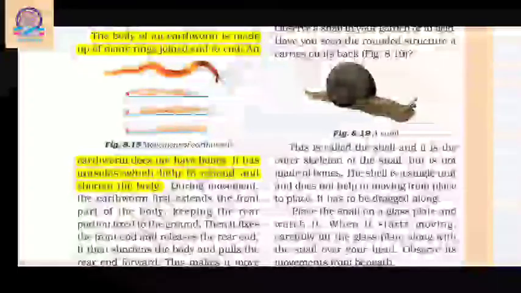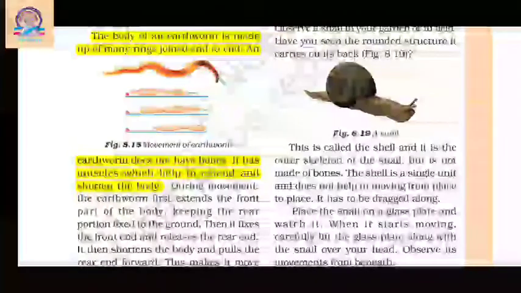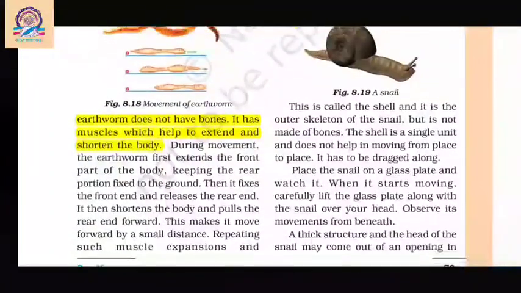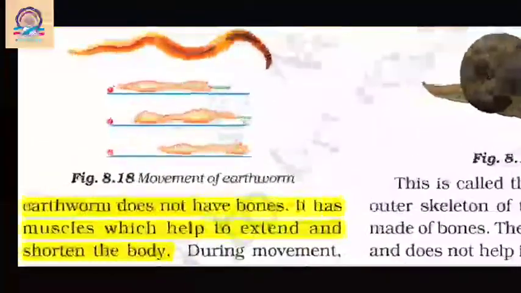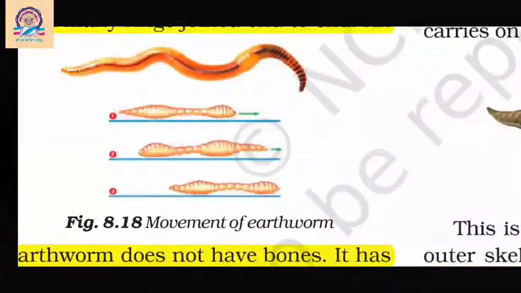So let's see how the movements of the earthworm occur. During movement, the earthworm first extends the front part of the body. As you can see here in figure number 8.18, part 1, it first extends the front part of the body and the rear part of the body is fixed to the ground. Okay.